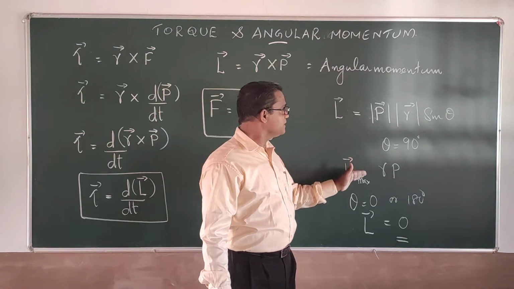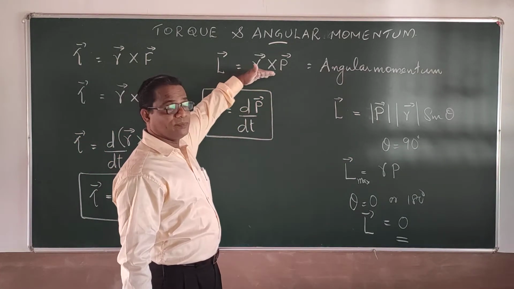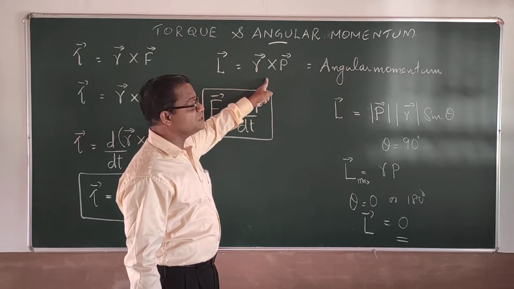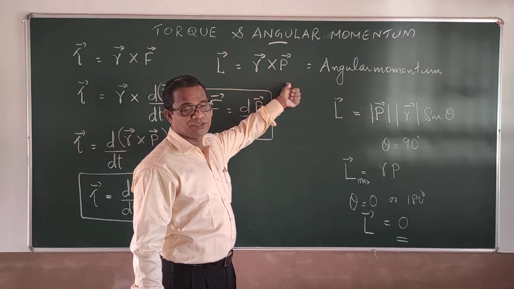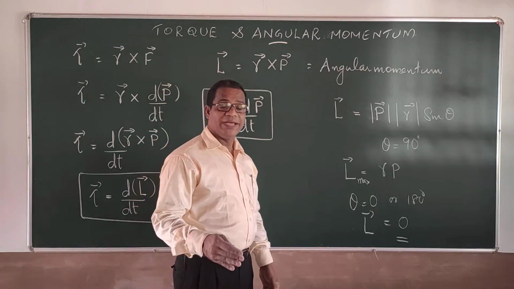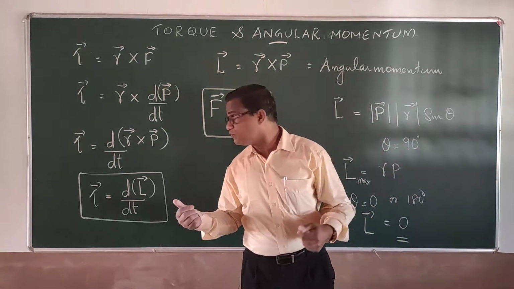Another point relating to angular momentum is its direction. The direction of angular momentum is perpendicular to both R and P, according to the rotation. That means angular momentum L also acts along the axis of rotation, that is, along the direction of what we call torque.